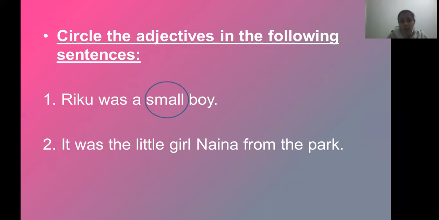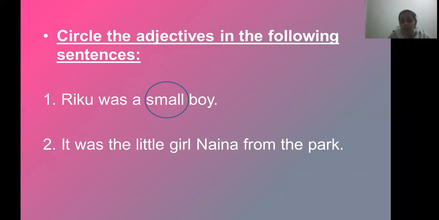The next one. It was the little girl Naina from the park. The nouns in this sentence are girl, Naina, park. We have three nouns here. And then we have the adjective little.